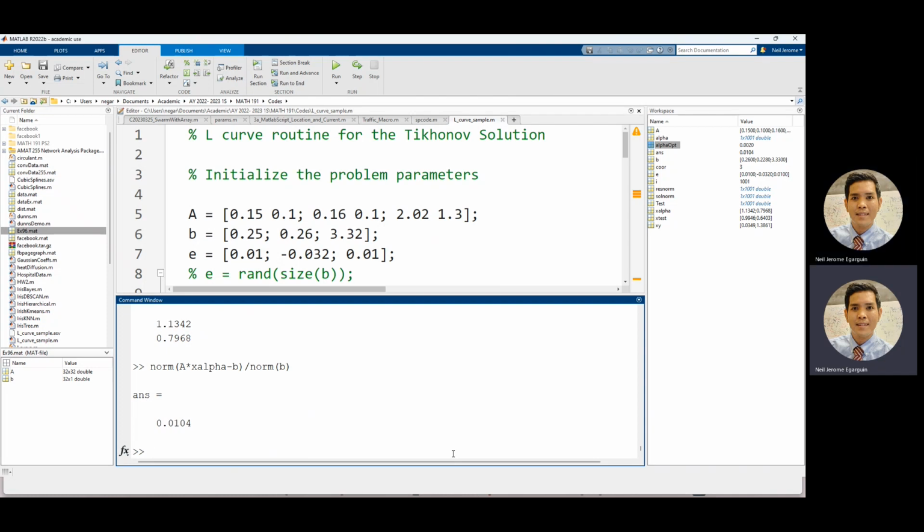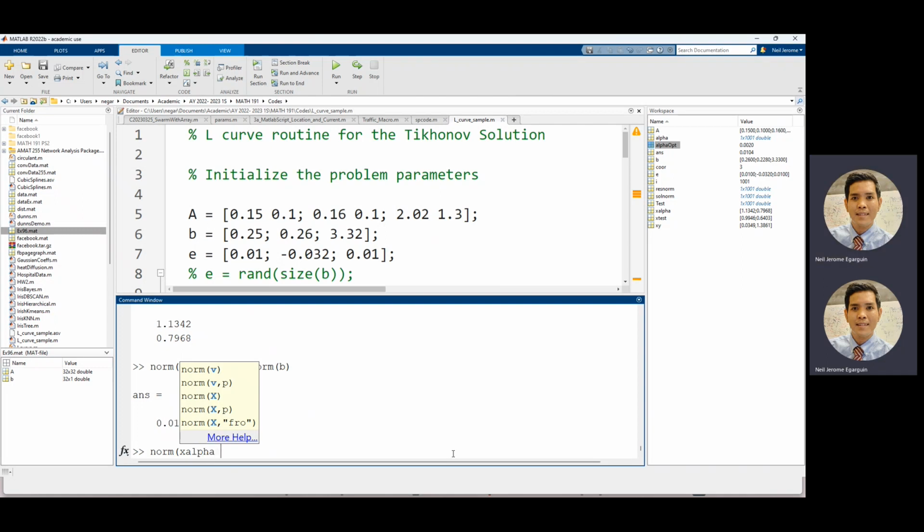But that's not really what we're concerned with insofar as stability is concerned. So we just described the accuracy of our method insofar as modeling the noisy data. But what we are more interested in for this kind of problem would be the relative difference between the ideal solution and the solution we got from the noisy data. So what we need to compute is the norm of x alpha, that's our noisy solution, minus the actual solution.